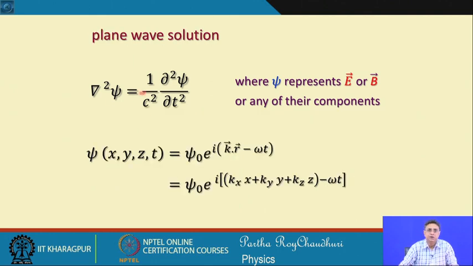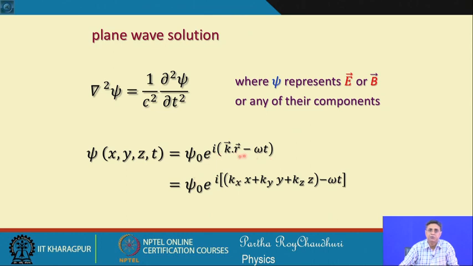Then we look for the solution of this equation. As we have already seen, the plane wave solution in the Cartesian coordinate system is psi equals psi 0 e to the power of i(k dot r minus omega t).